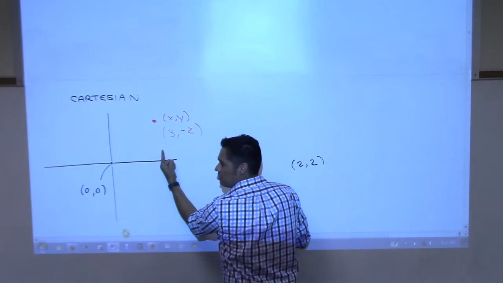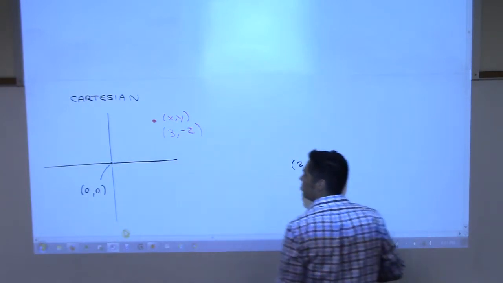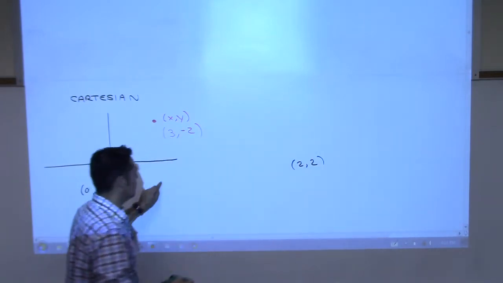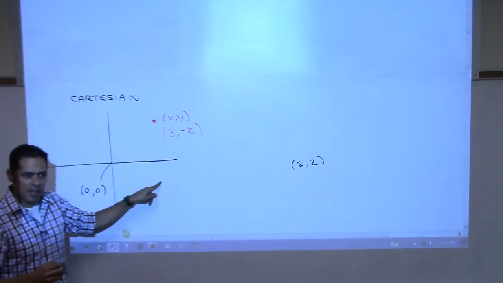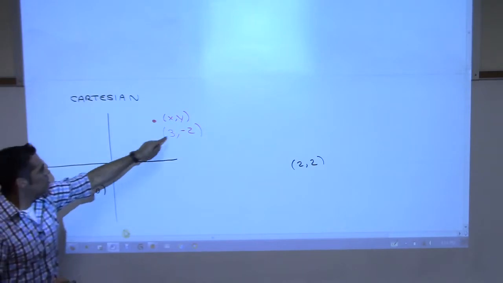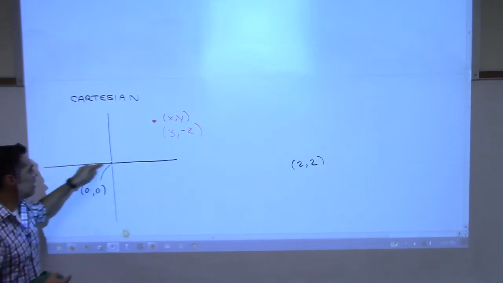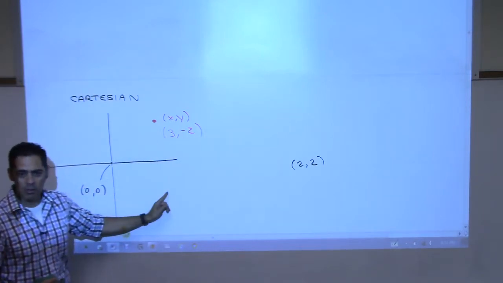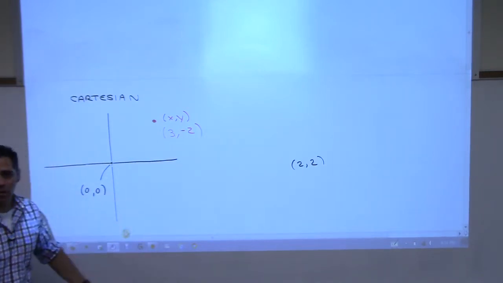And I'm pointing in that direction. And then walk which way? Backwards 2 spots. And that's going to put me down here, right? That's the standard practice. This x-coordinate tells you which way to walk in this direction, then turn 90 degrees, and then walk this number, either forward or backward. Yes? That's how we get around Cartesian.